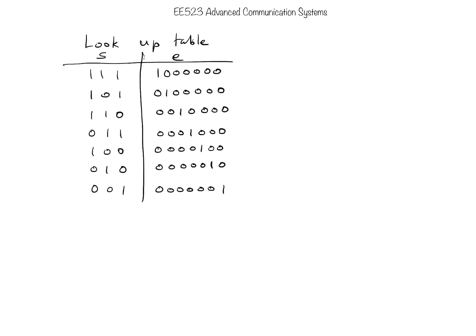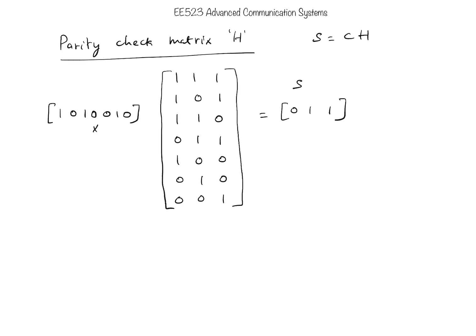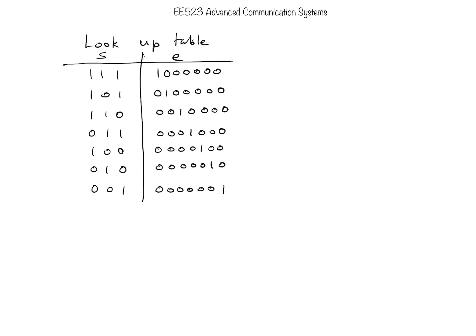So what the decoder does is, after computing the syndrome, it compares the syndrome value in the lookup table and finds the corresponding error vector, and it will simply add the received code word with the error vector.